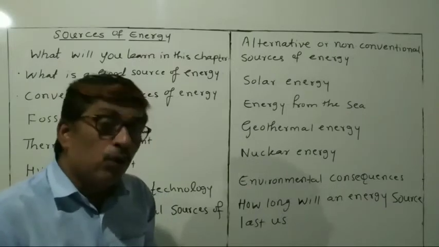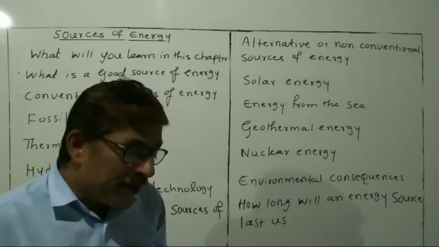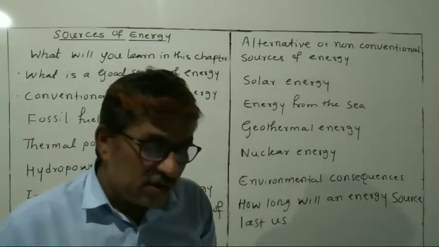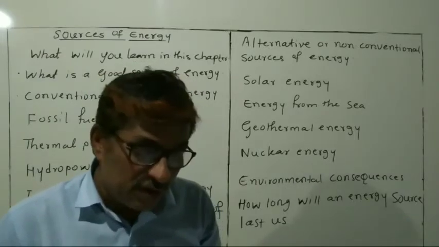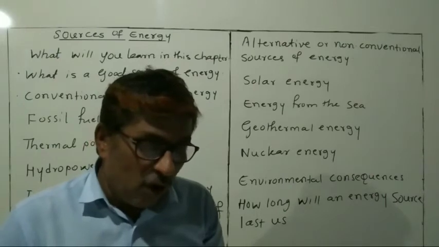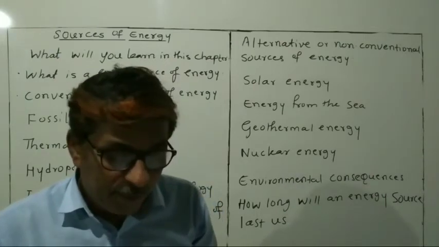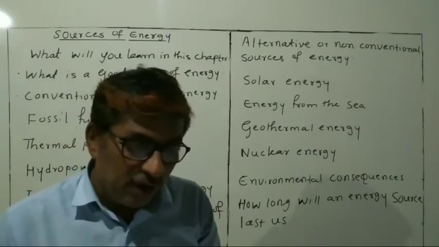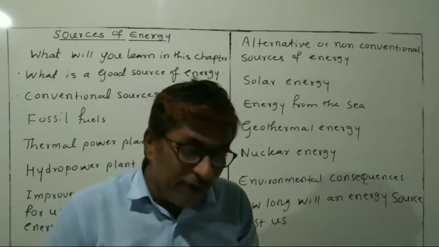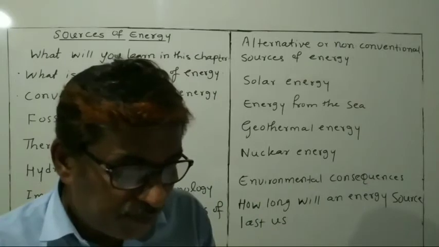Now the next one is nuclear energy. It is obtained from nuclear reactions. Nuclear reactions include nuclear fission, the splitting of the atom of uranium, and nuclear fusion, the joining of lighter nuclei to create a heavier nucleus.